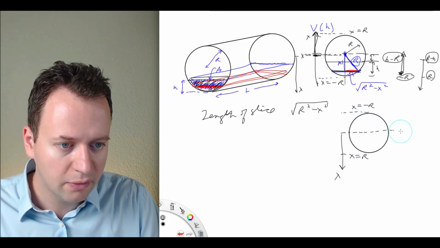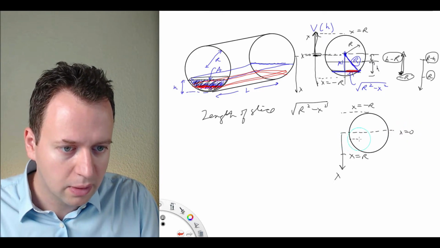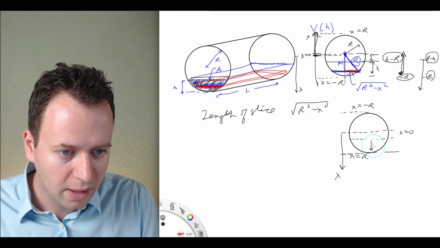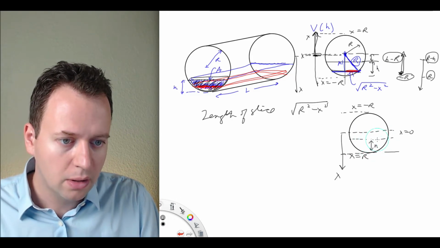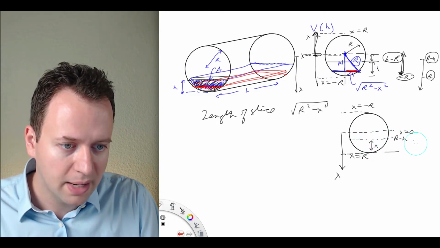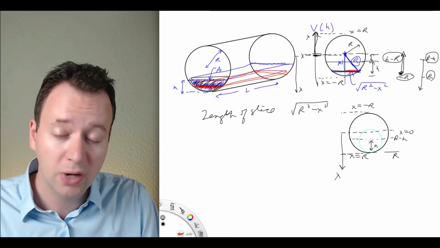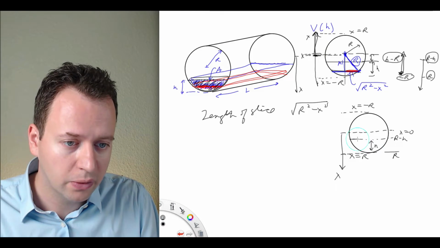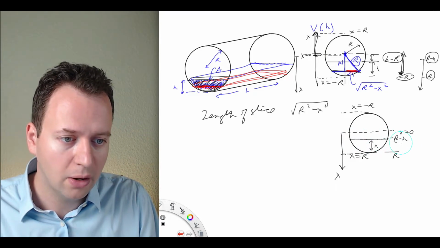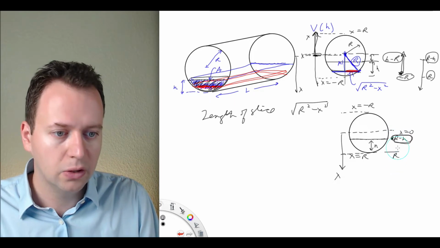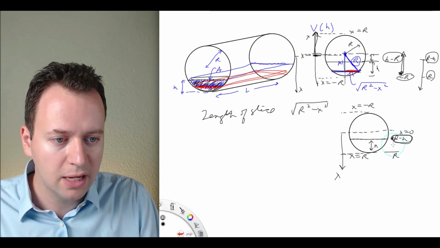Here's the center level, x equal to 0. Here's the water level, a distance h. Then this is going to be r minus h, and this we said was r. So I'm subtracting h from r, so this level is at r minus h. So we're integrating from r minus h to r.